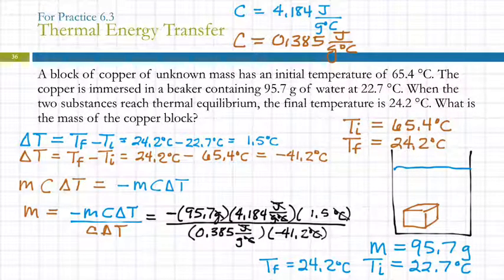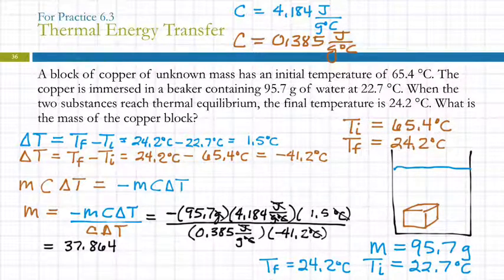So I've got negative 95.7 times 4.184 times 1.5 divided by 0.385 divided by negative 41.2 equals 37.864.